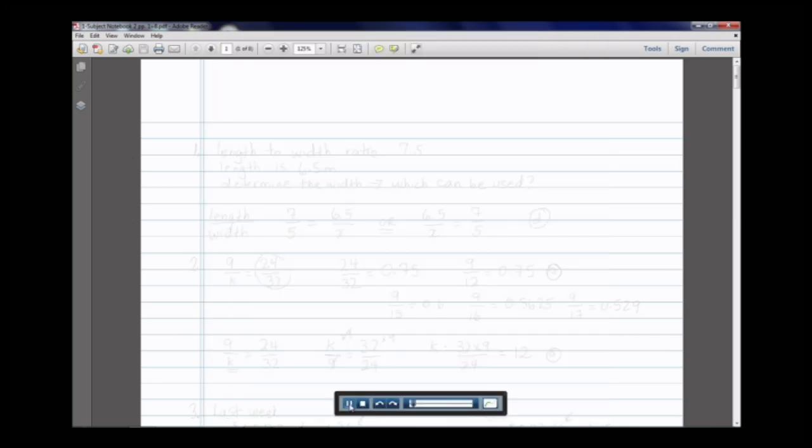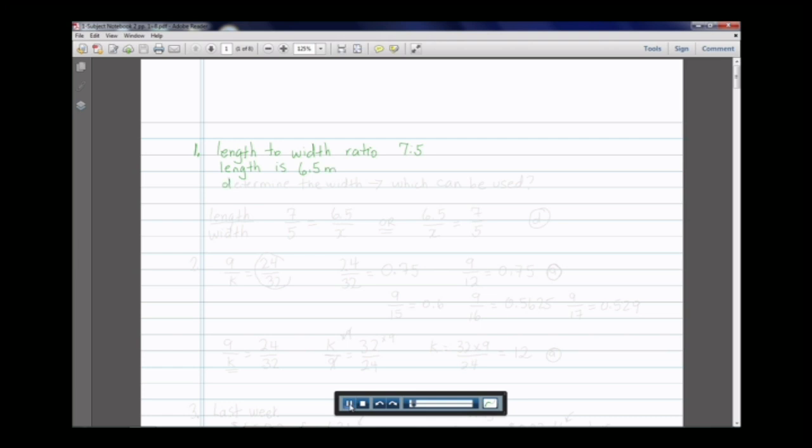So if we take a look, it's number 1, and let's figure out what they've told us. They've said that the length to width ratio is 7:5, and the length is 6.5 meters.